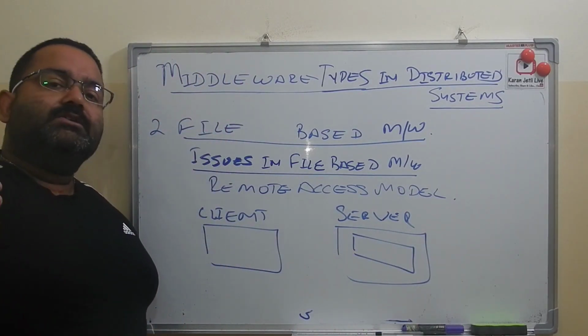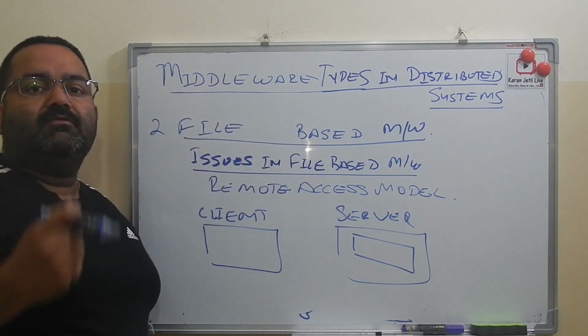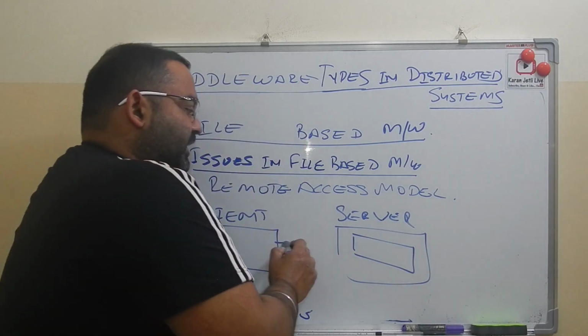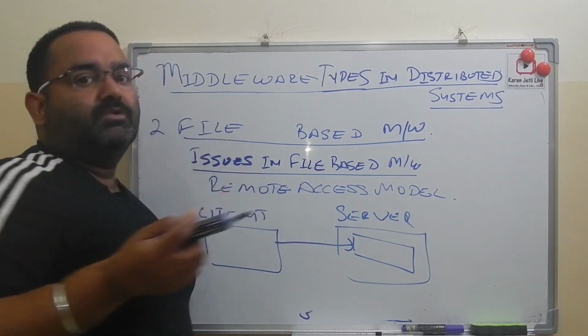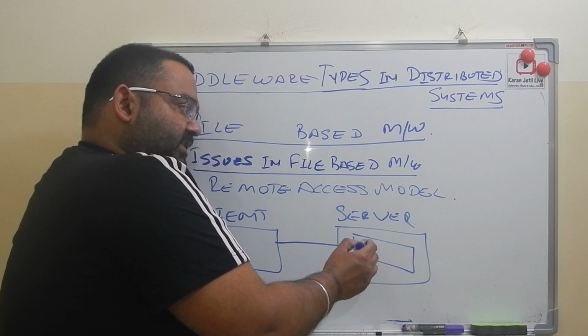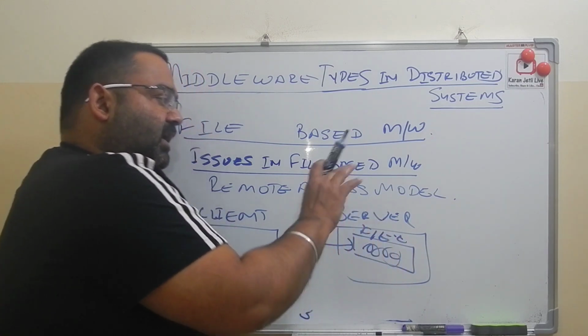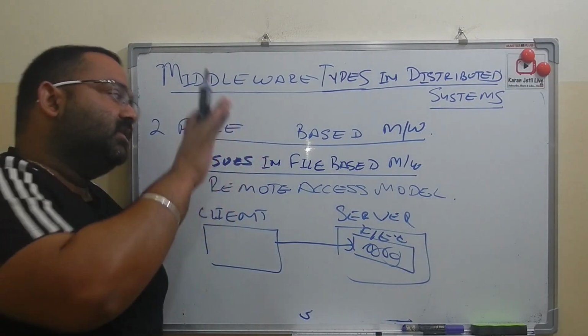In the remote access model, the client does not download the file, rather the client accesses the file remotely. The client connects with the server, and can edit or make changes to the file, and those changes are saved on the server side.